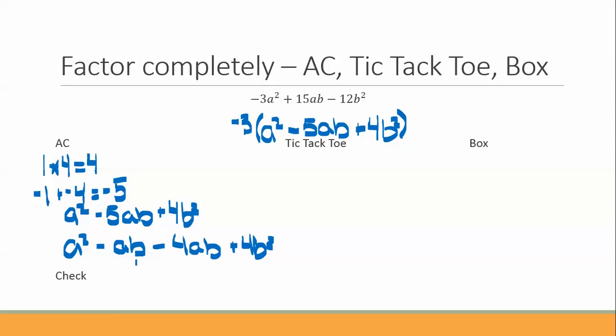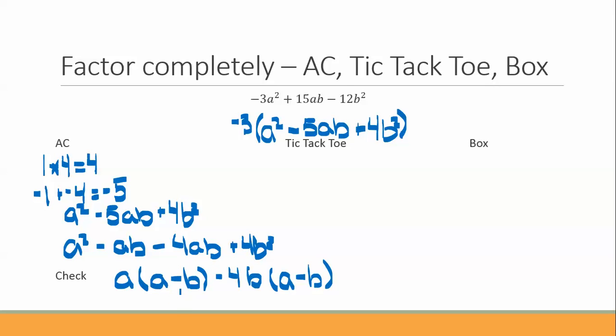Factor by grouping, we can take an a out of the first two terms, and we have a minus b. We can take a minus 4b out of the second two terms, and again we have a minus b. Remember, negative times negative is positive.